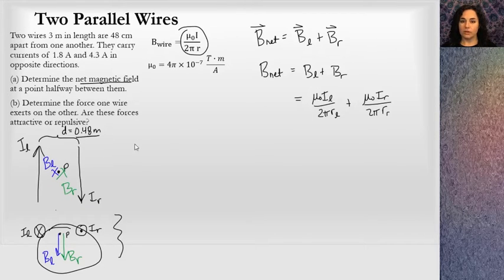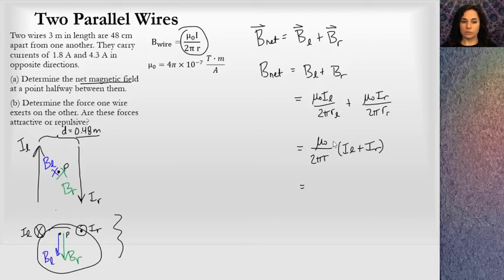It's half of the 0.48 meters for RL and RR. IL and IR are different from one another, but those other things factor out. And so I'm just making this a little bit algebraically simpler in order to solve the problem. So that's easier to solve than plugging all those values in for both terms.